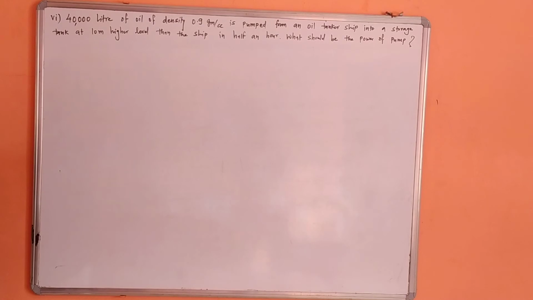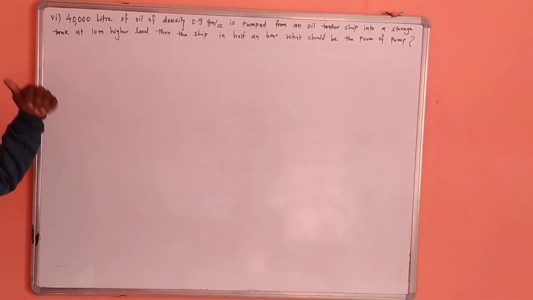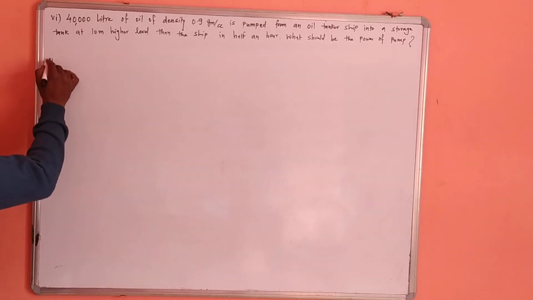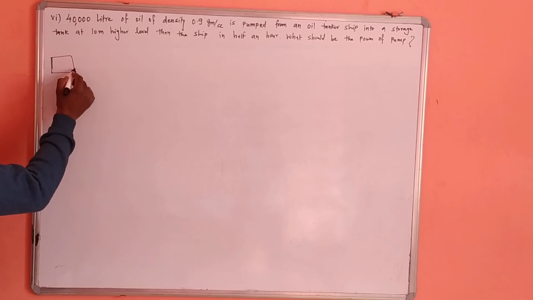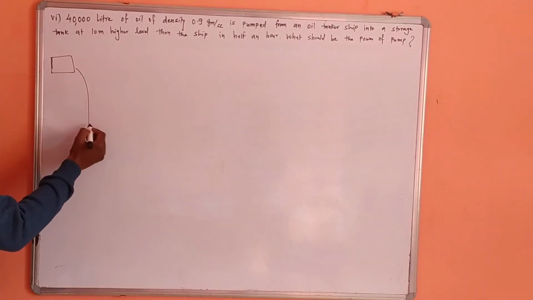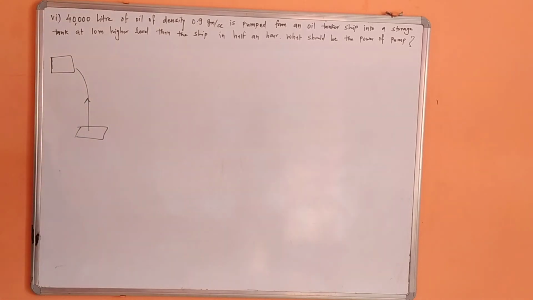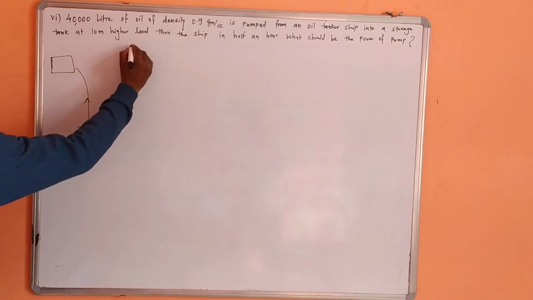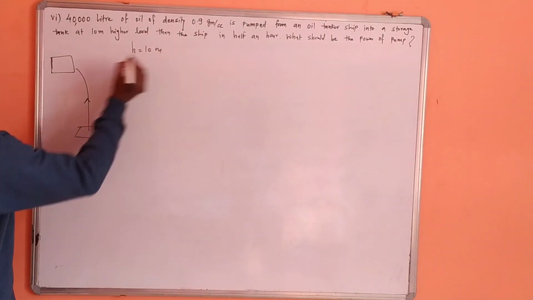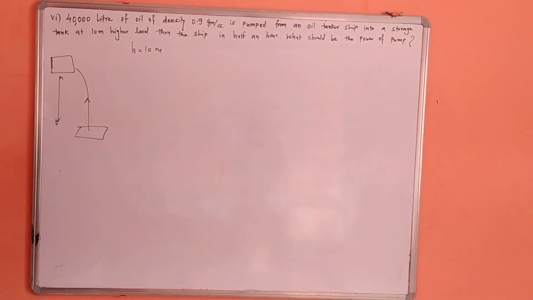See, this is 6th problem. 40,000 liter of oil of density 0.9 gram per cc is pumped from oil tanker ship into a storage tank. Suppose this is storage tank, and from this oil ship the oil is to be stored in this tank at 10 meter height. Height is given to you, 10 meter.